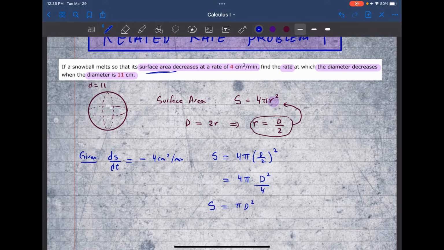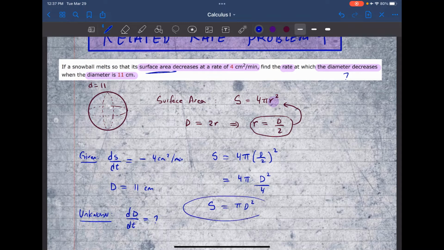We're also given that the diameter d happens to be 11 centimeters. And what is unknown to us is the rate at which the diameter is decreasing. So we're looking for dd/dt.